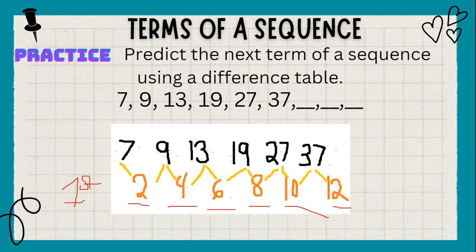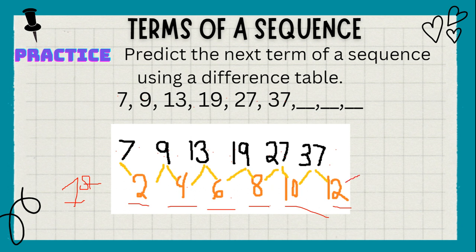12. Okay. So mga by twos, add the numbers by two muna iyang pattern.